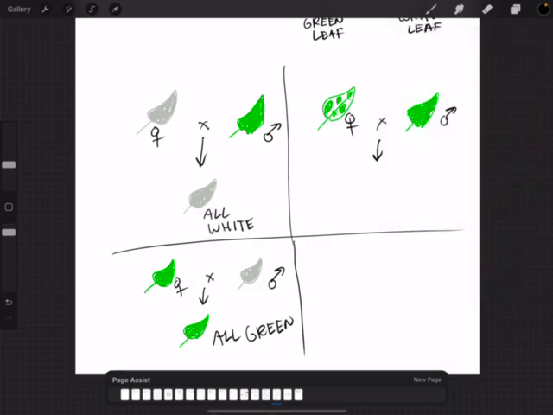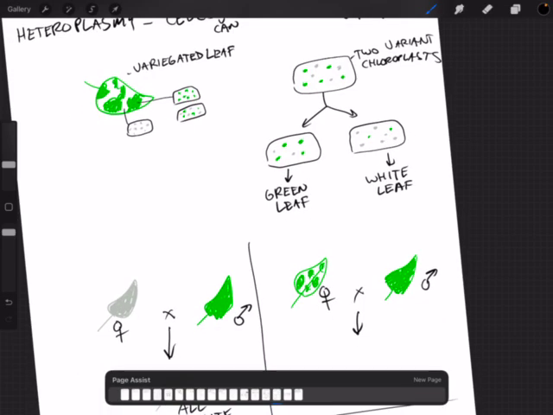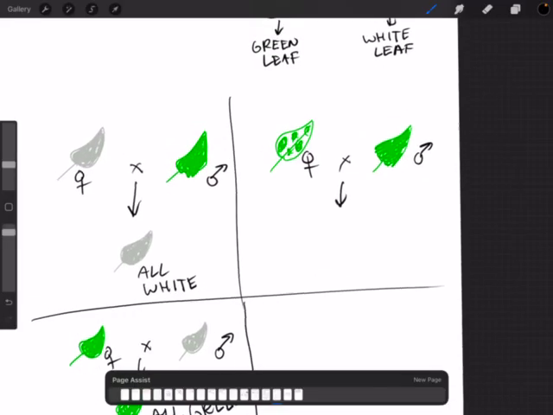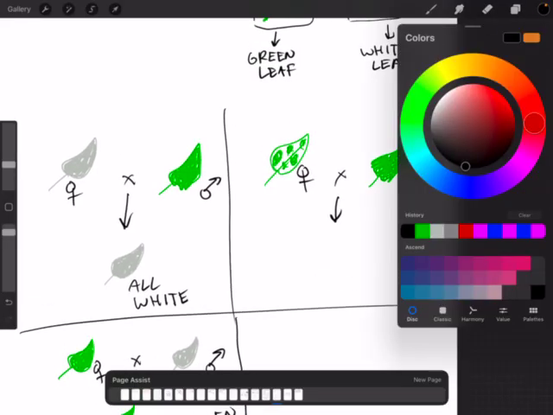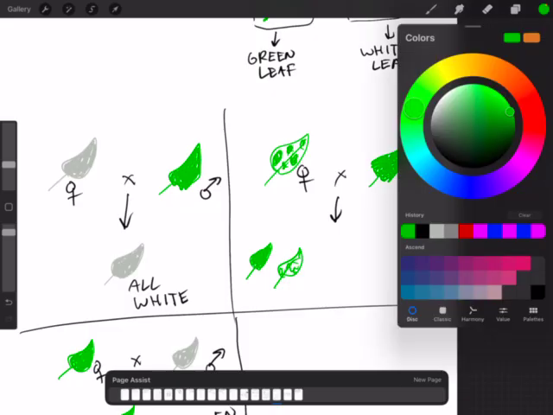Remember that asymmetric cell division that's happening here can also happen during oogenesis. So you could have eggs that are entirely one organelle or entirely another organelle, and they could be different from one another. Or you could inherit both copies, giving you all green, variegated, and all white.